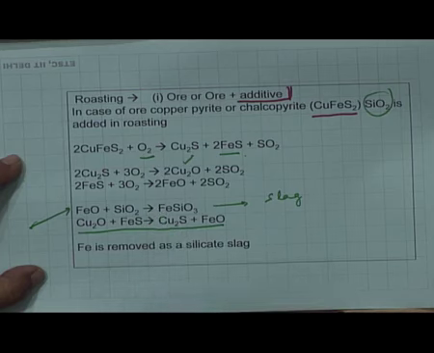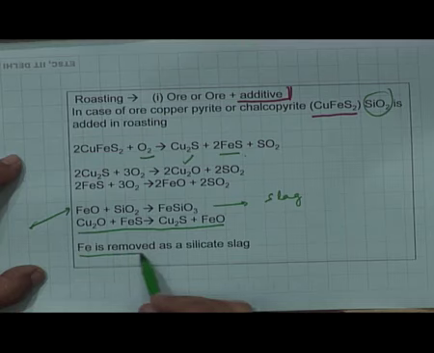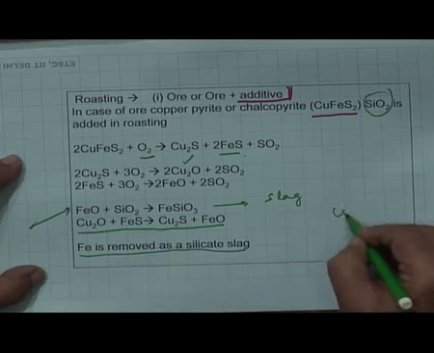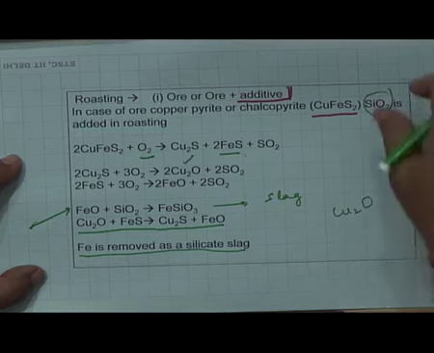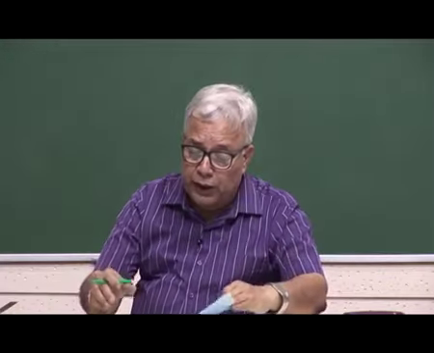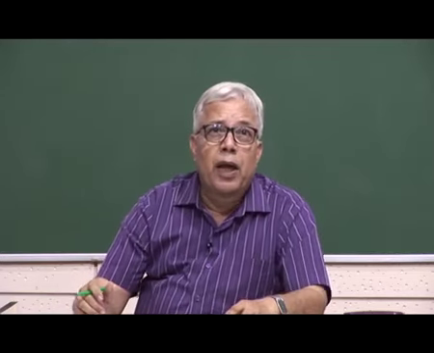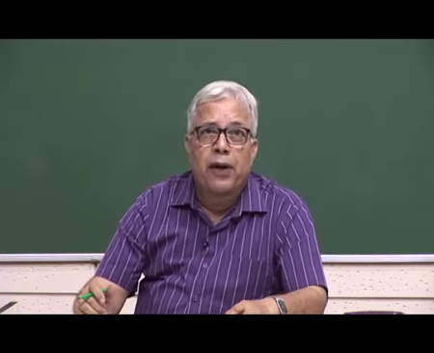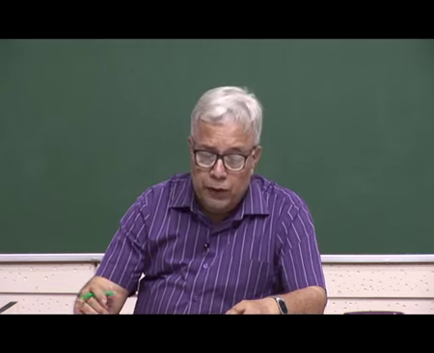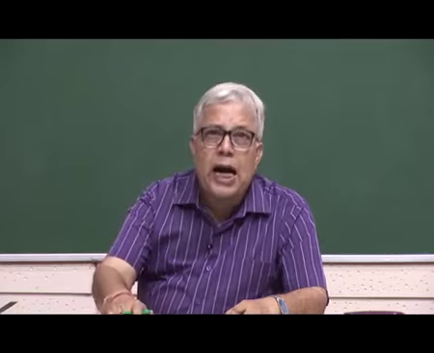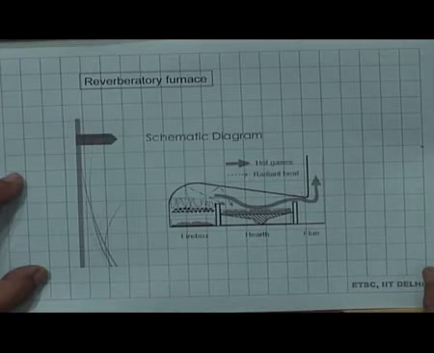So, this cycle goes on and ultimately iron is removed as a silicate slag and we are left with copper oxide. Now, where do we do this roasting? For this roasting a special furnace is required, which is called a reverberatory furnace. This diagram shows you the reverberatory furnace.